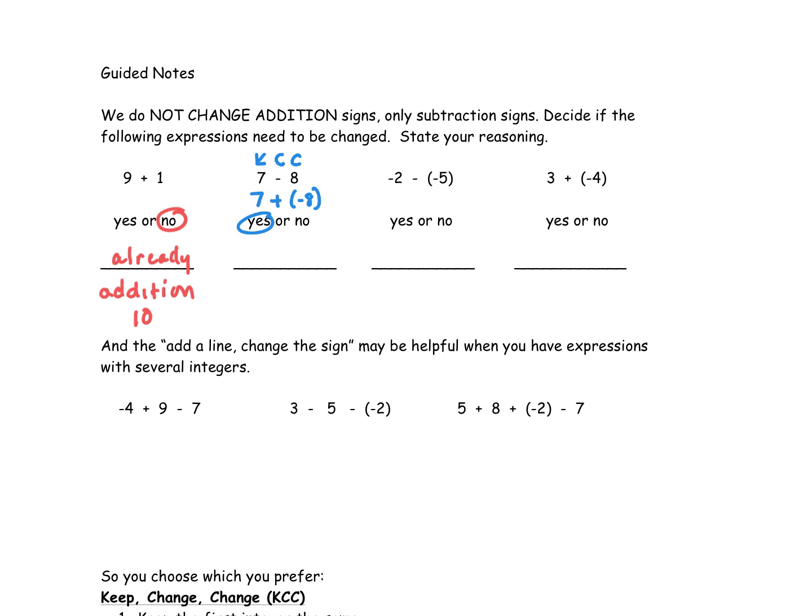So again, we want to change something to addition if it's not. So we would employ our addition rule now of subtracting. That would give us 1, and we keep the sign of the number with the highest absolute value, so that's -1, and we changed it because it was subtraction. That's why we changed it.